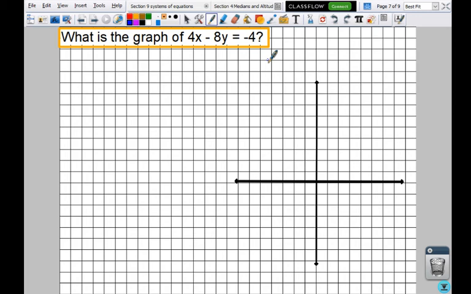So it's -2, so we're down 2. And then just a little bit, right? It's 0.25. A little less than that. Yeah, that's good.